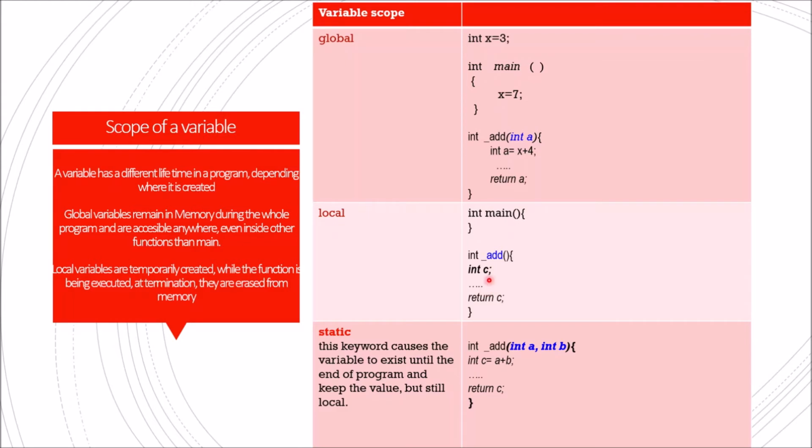as for the lifetime, a local variable will not remain in existence during the whole program. Remember that when we call a function, we do some operations and then we end that function, we terminate that process. Whenever we terminate that process, all the variables that this function created will be erased from memory.